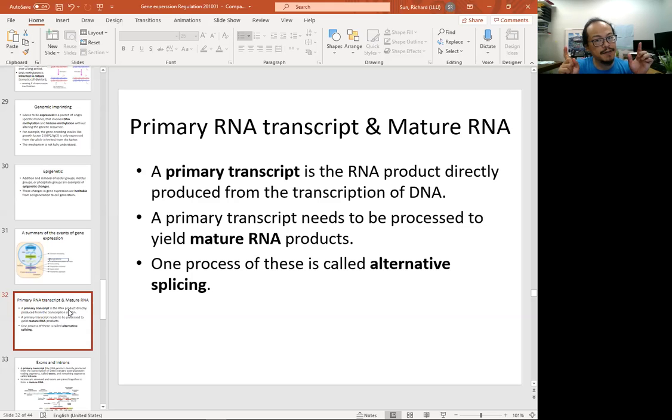The first draft is not the final draft. It's the one directly produced from the transcription of DNA. Now we need to do some editing to it. And how do we do that editing? The way we do it is called splicing.